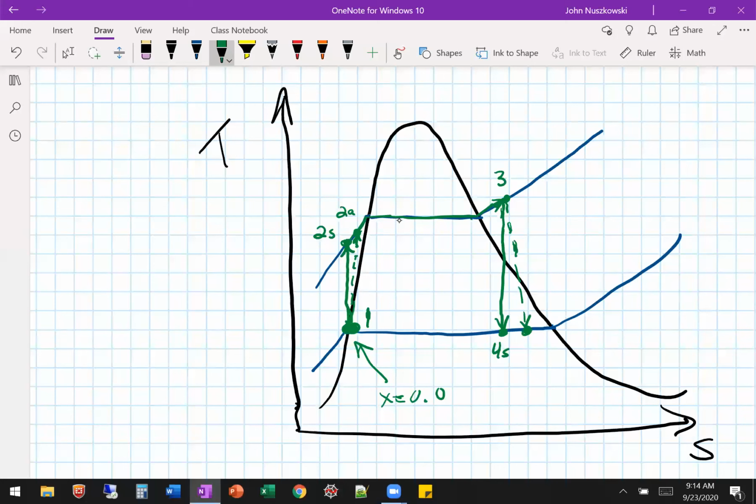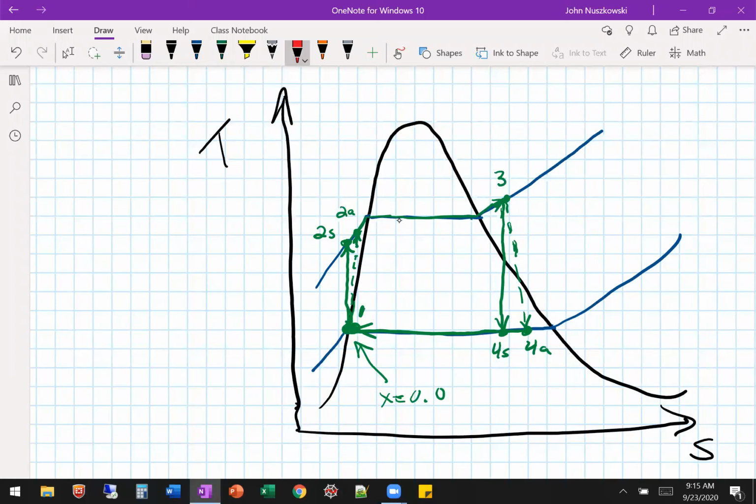So we end up a little bit to the right with 4 actual, okay? And now we go through our condenser, and that takes us back to state 1, okay?